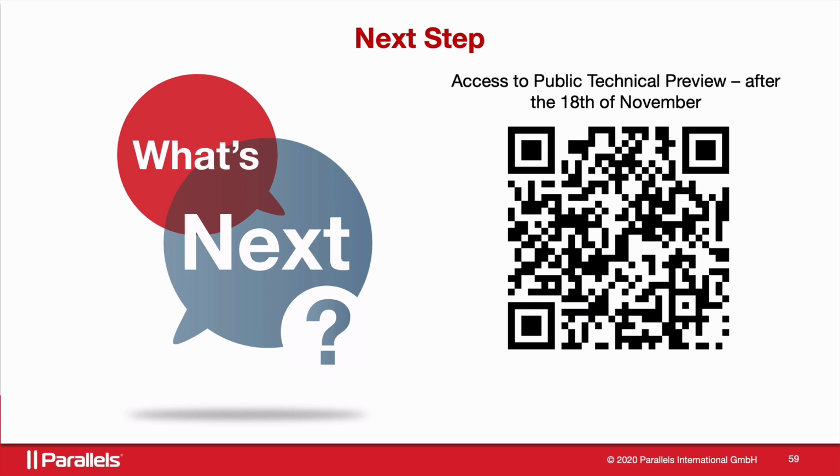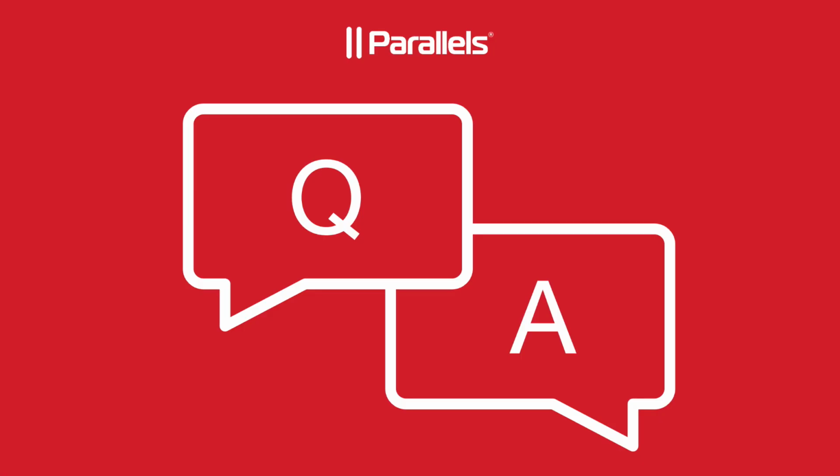So I would encourage you to take a look at our public technical preview, which has been available for the last few days. This is the QR code where you can scan it, try it, contact us, and give us some feedback. And let's move to Q&A questions, which I'll be directing to you in the chat window and also in this particular session time.